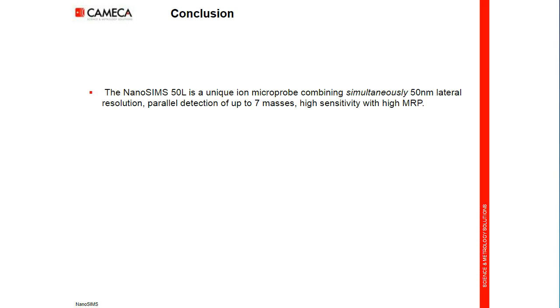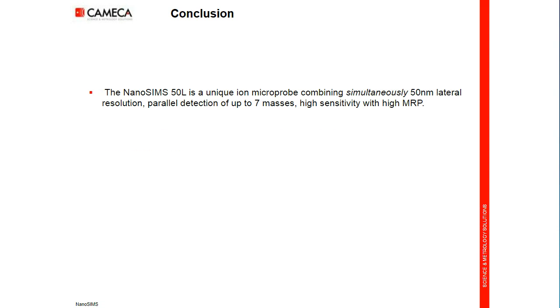So, general conclusion. The NanoSIMS 50L is a unique ion microprobe combining simultaneously 50 nanometer lateral resolution, parallel detection of 7 masses, and high mass resolving power.